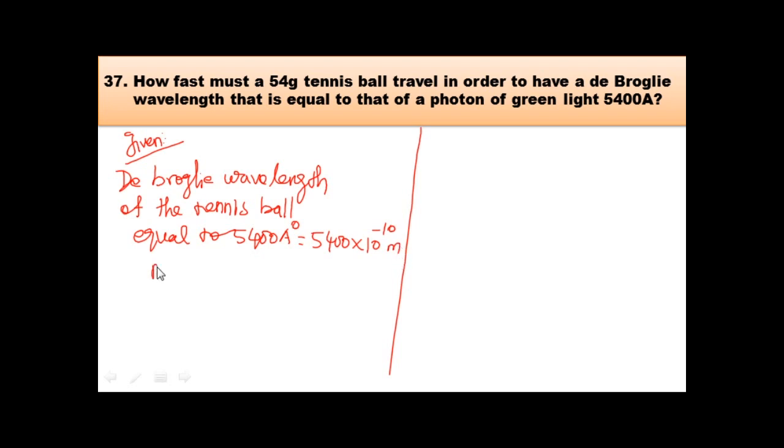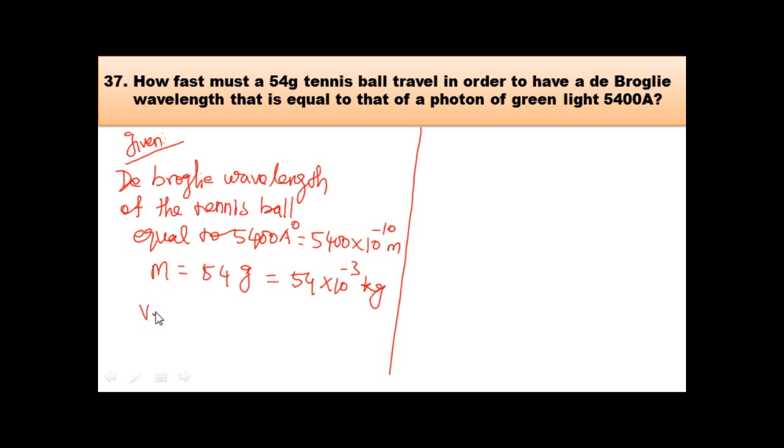Then what is the next one? From the problem, the mass of the ball is given, mass equal to 54 gram, and that is converted into kilogram: 54 into 10 power minus 3 kilogram.